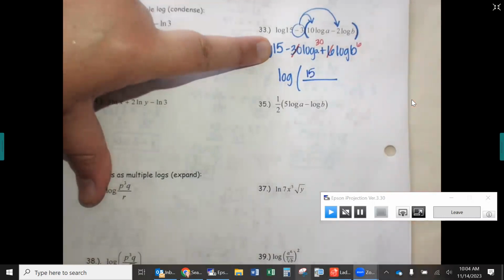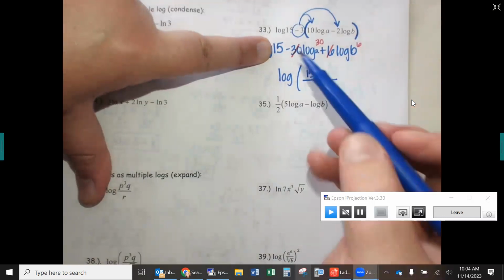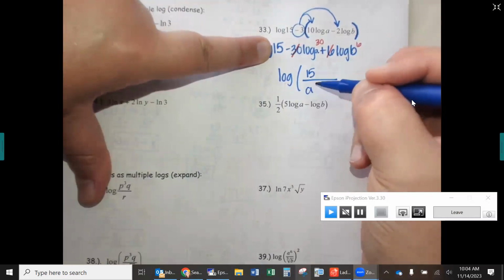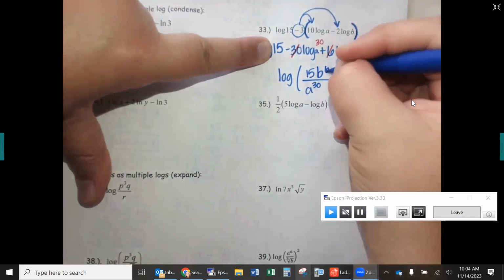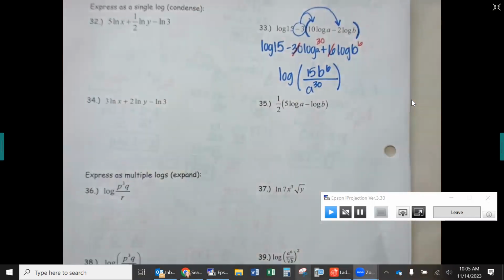But a 30 is going to go bottom because it ended up with a minus. And then my B6 is going to go where? Top. Okay. But remember that you have to be a little bit careful because that minus needs to be distributed in before you can sort where stuff ends up.